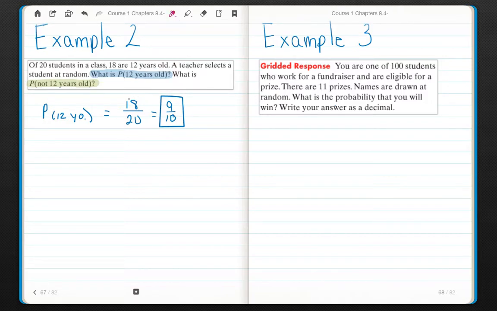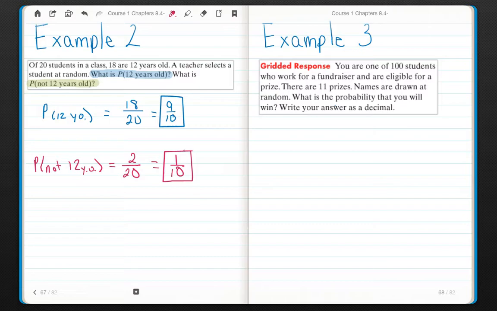Now, if 18 of those students are 12, then 2 of those students are not 12. So the probability of picking someone who is not 12 years old is those remaining 2 students out of the total, or 1/10, or 1 in 10.